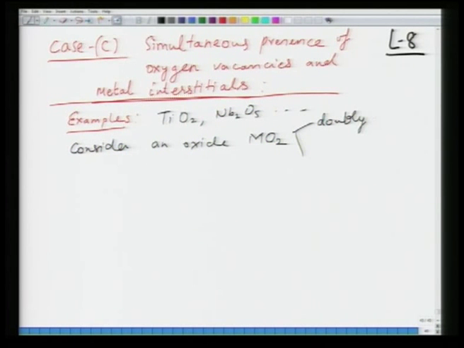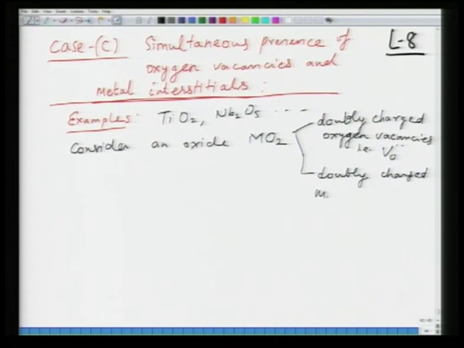doubly charged oxygen vacancies, that is VO dot dot, and it has doubly charged metal interstitials, that is Mi dot dot.